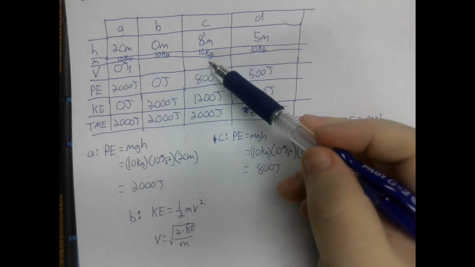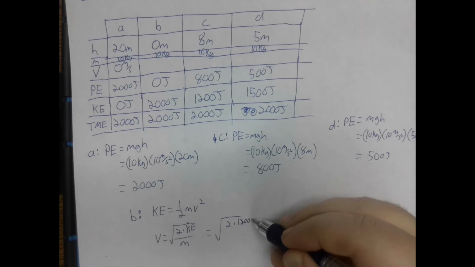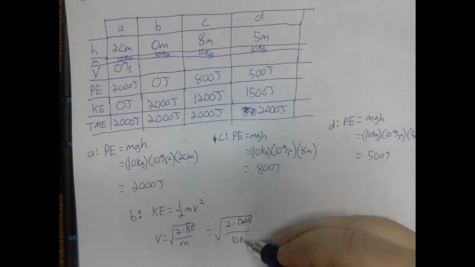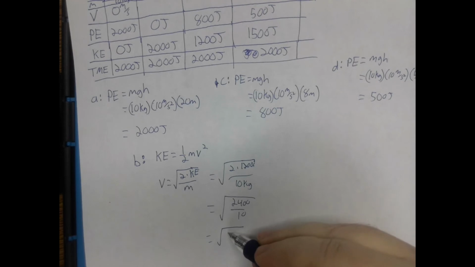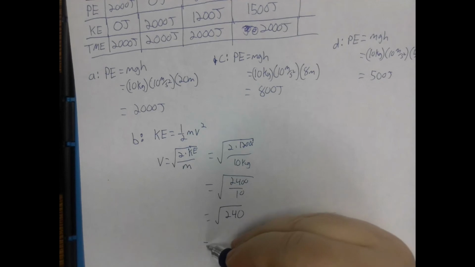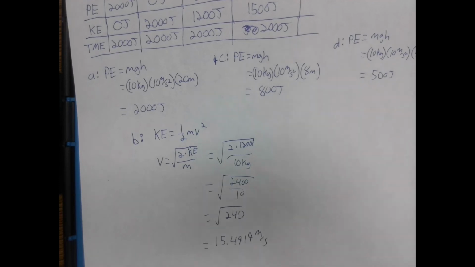We have kinetic energy. Kinetic energy is 1,200, so the square root of 2 times 1,200 divided by the mass of 10 kilograms. This is equal to the square root of 2,400 divided by 10, which equals the square root of 240, which is equal to 15.4919 meters per second.